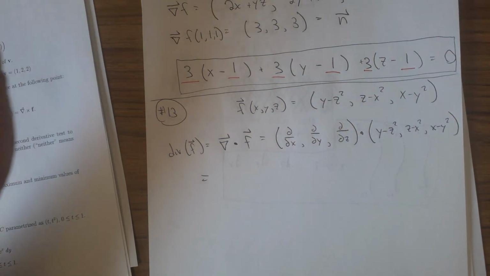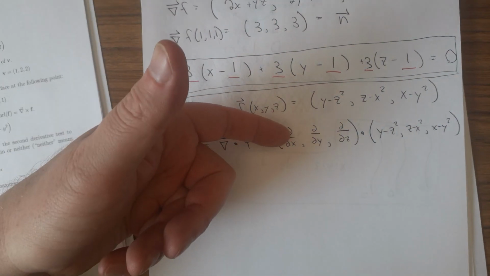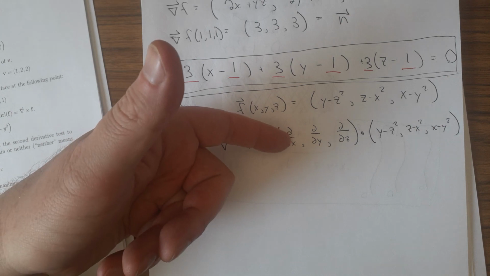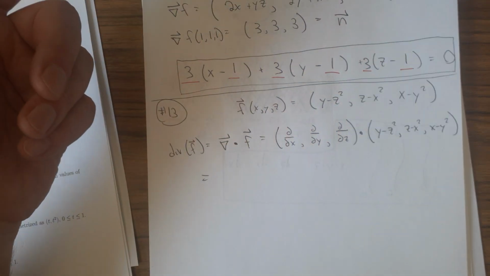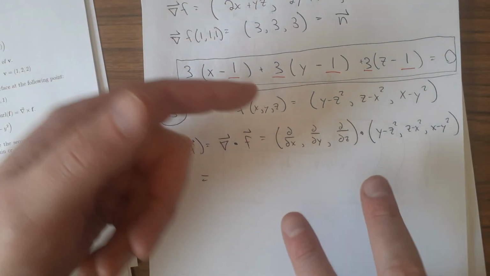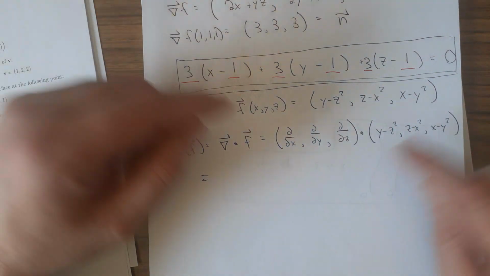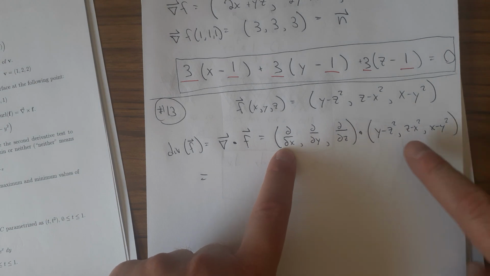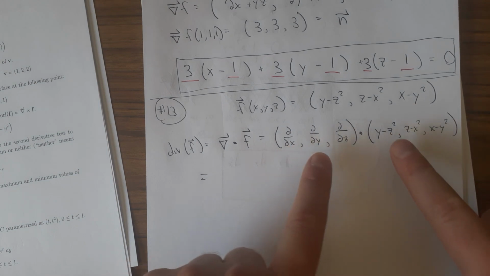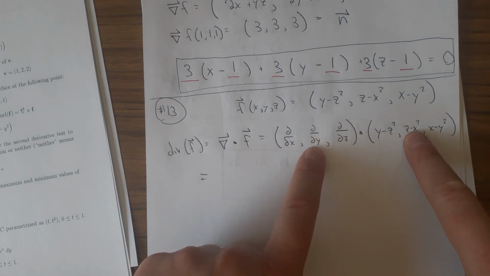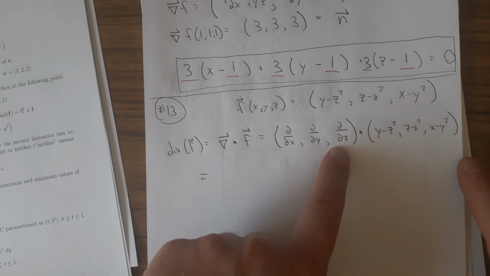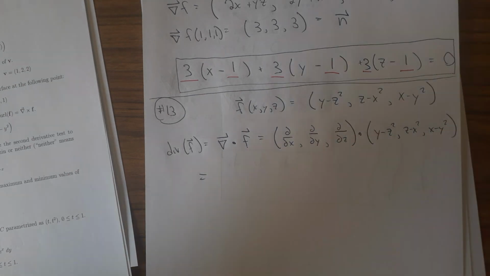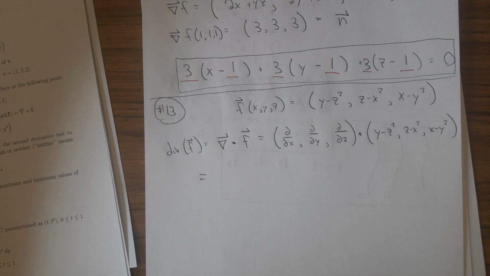In this context, times means do the operation that this tells you to do, which is take the partial derivative with respect to x. So instead of multiplying a number times another number, I'm going to do the partial derivative with respect to x of this, plus the partial derivative with respect to y of this, plus the partial derivative with respect to z of this. That's what we do.